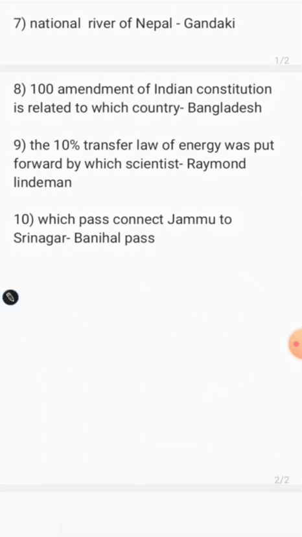So the next question is the 100th Amendment of Indian Constitution. The 100th Amendment of the Indian Constitution is related to which country? So the 100th Amendment is related to Bangladesh. We know that India and Bangladesh are closely related neighbors, and Bangladesh was formerly known as East Pakistan.